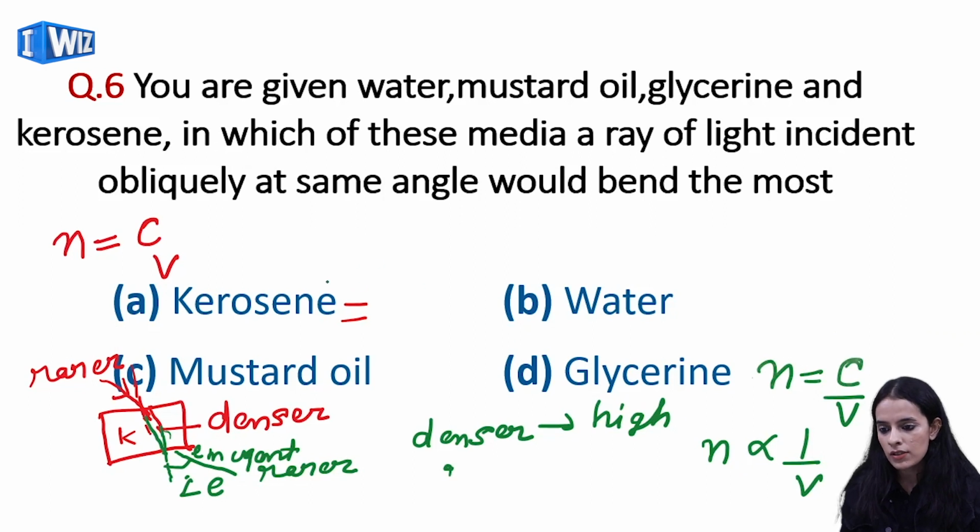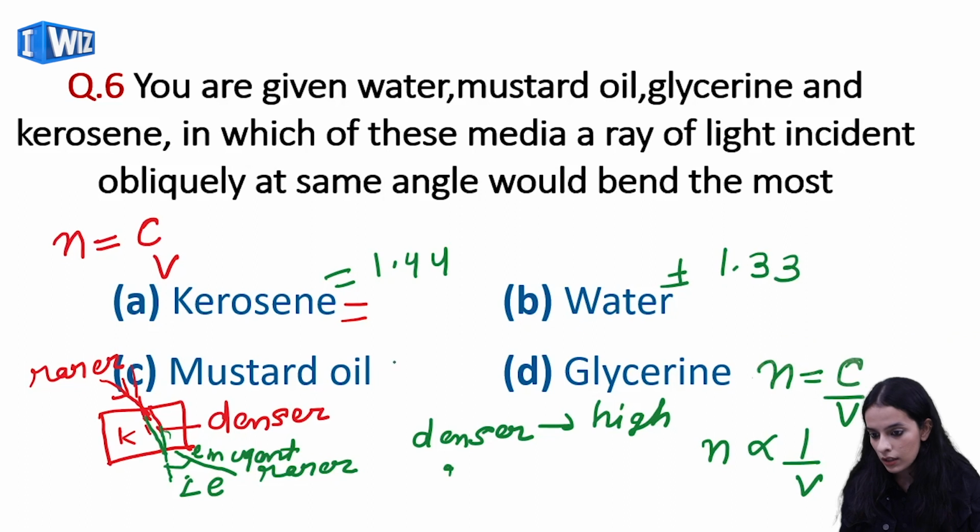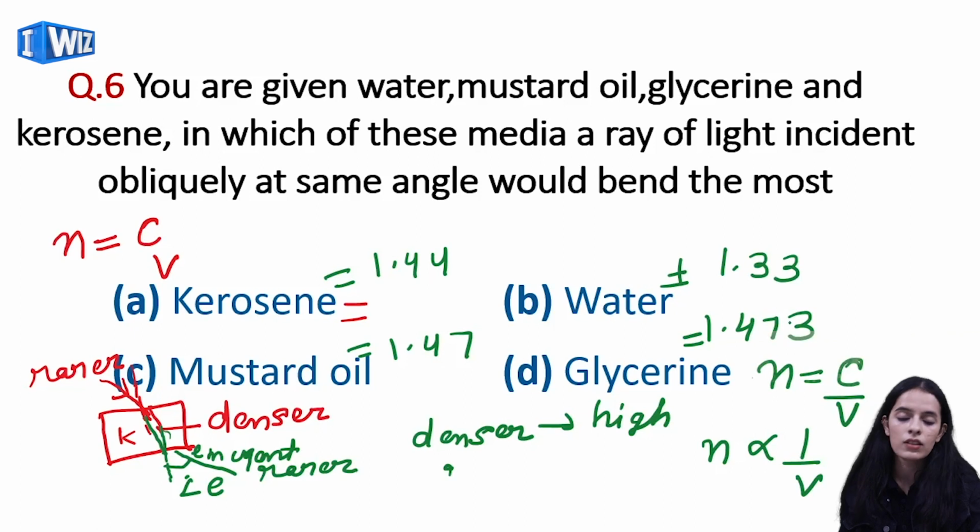In case of kerosene, the refractive index is 1.44. In case of water, the refractive index is 1.33, and in case of mustard oil, the refractive index is 1.47. Glycerine has a refractive index of 1.473. It's a minute difference, but we can see that the refractive index of glycerine is high.